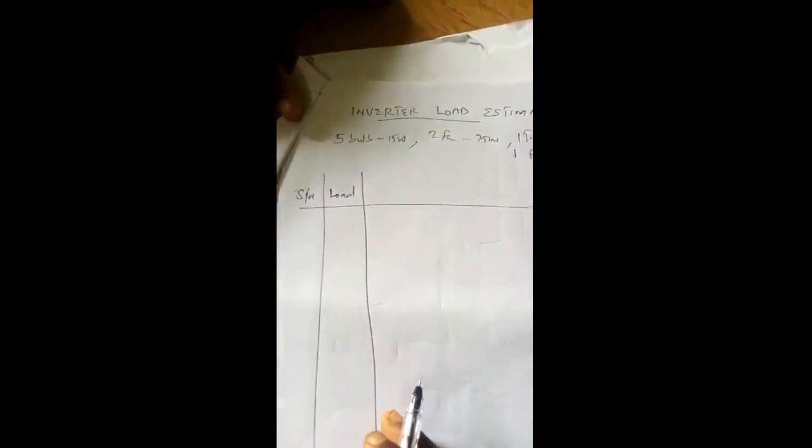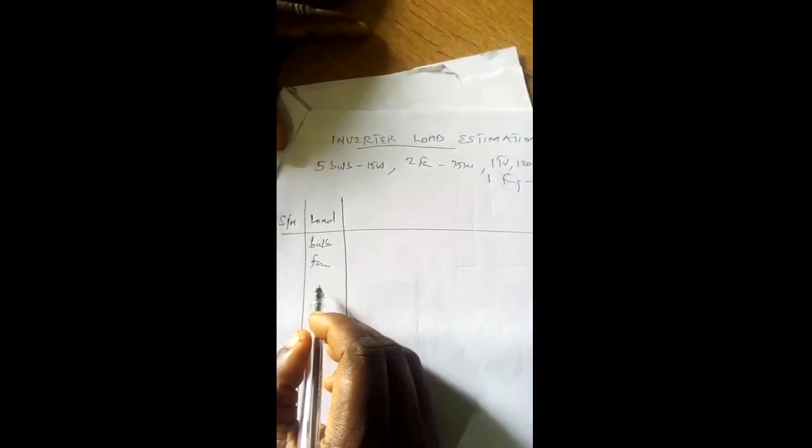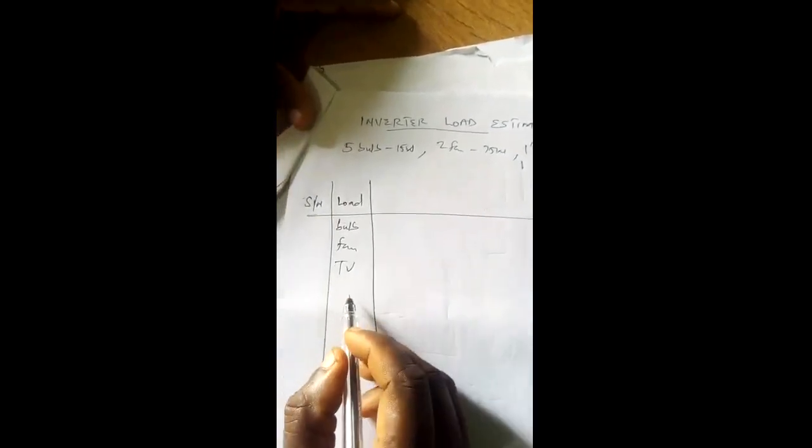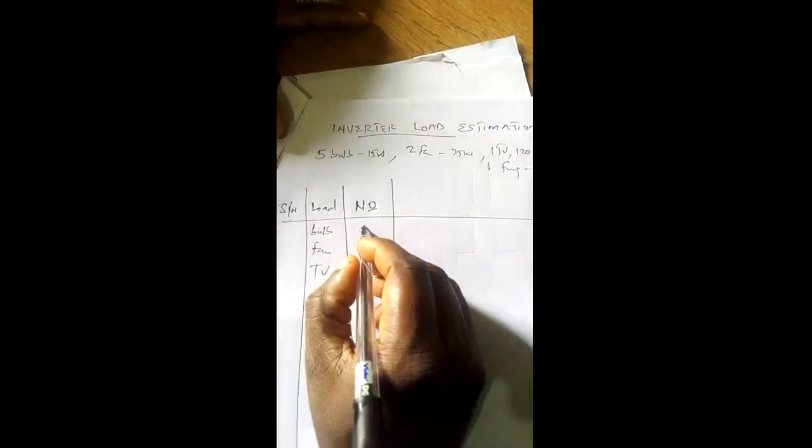What are the loads that we have? We have bulb, fan, TV, and fridge. Then the next thing is number. How many of them do we have? Bulb, we have 5. Fan, we have 2.